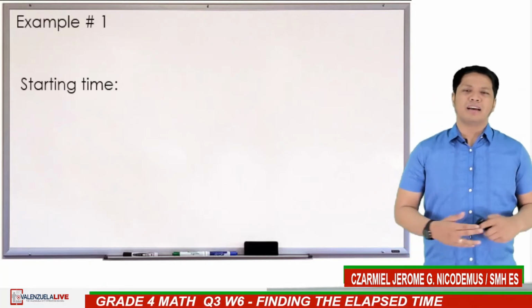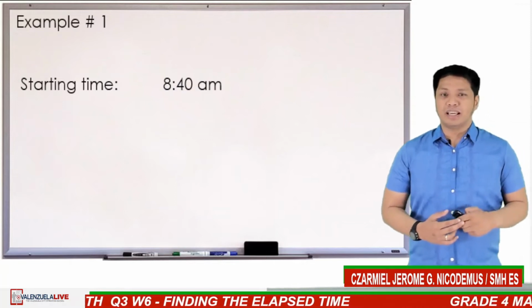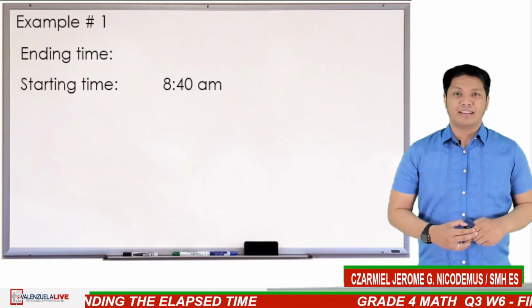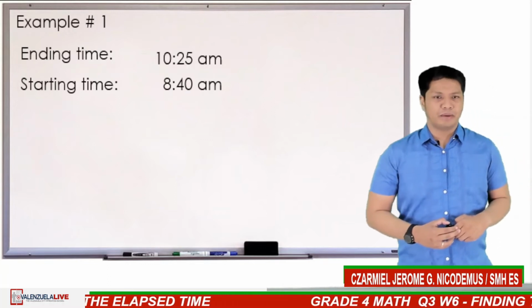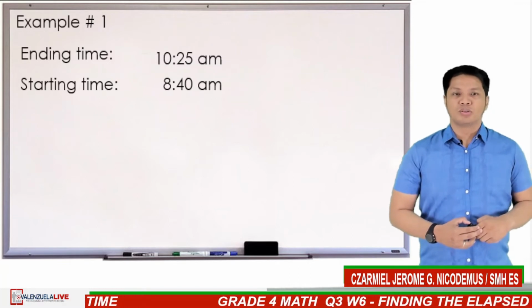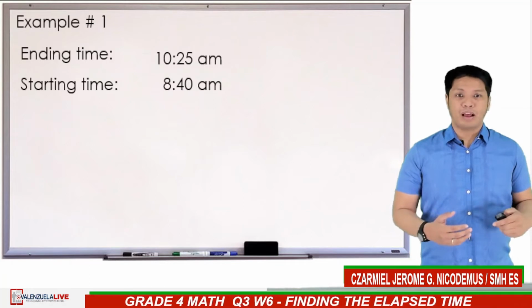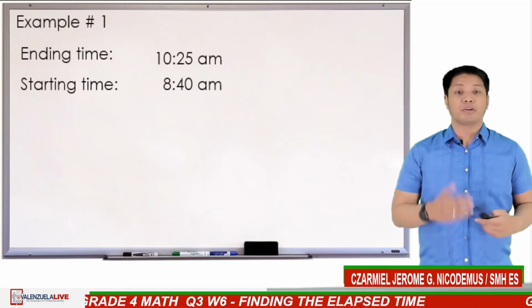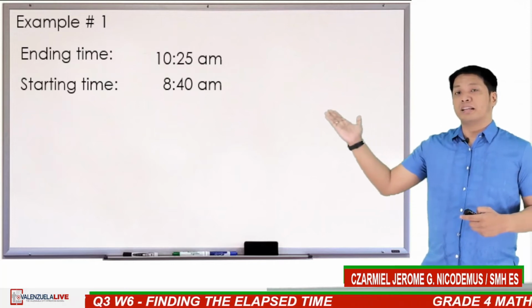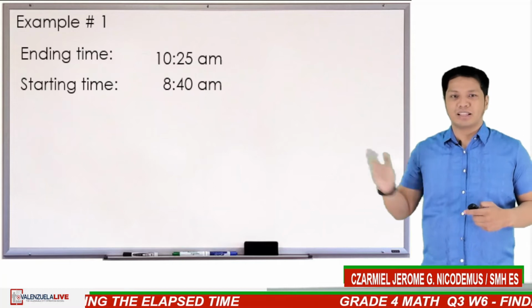So let's have another example. The starting time is 8:40 a.m. The ending time is 10:25 a.m. We cannot subtract 40 minutes from 25 minutes. As you can see, the minutes in the ending time is lower than the minutes in the starting time.